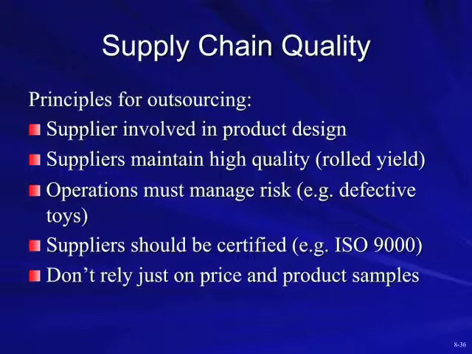Certainly within the United States as well as other parts of the world, you want to see if they are ISO 9000 certified, because it's an excellent way of determining in a less subjective way what the qualitative aspects of these organizations are. The key thing is you can't just base your decision entirely on price, and you can have a lot more assurance that you're working with a reliable supplier if you emphasize some of the qualitative aspects of it.